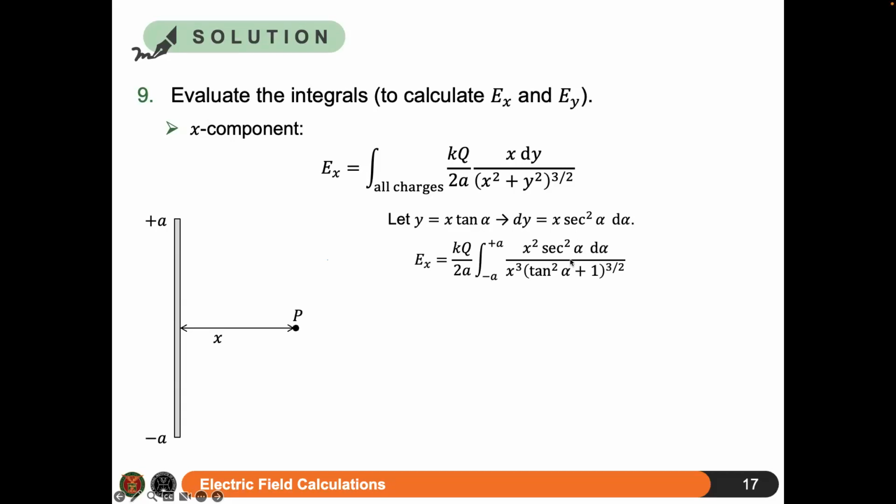Plug into our integral, we get this. So y is x tangent alpha, so it is this. And in the denominator, you are making a new triangle.